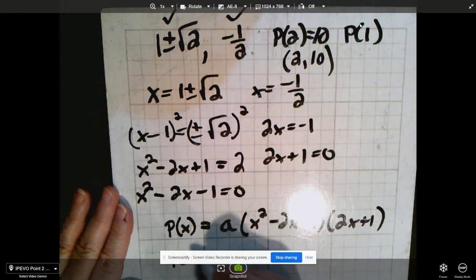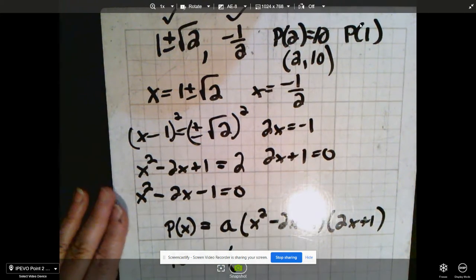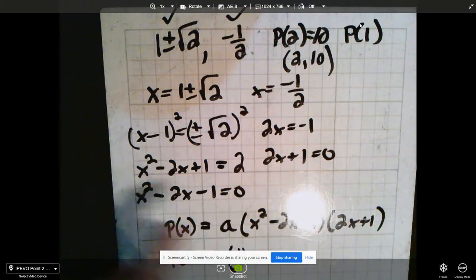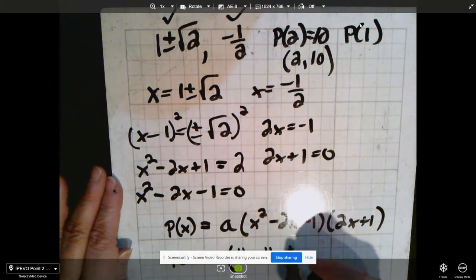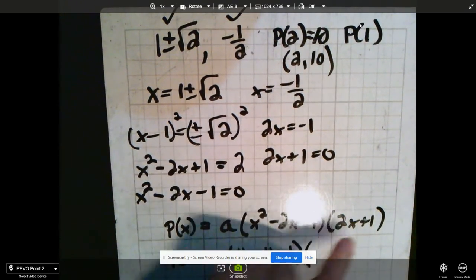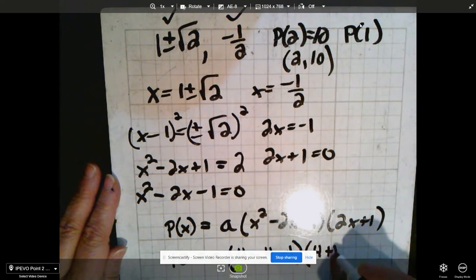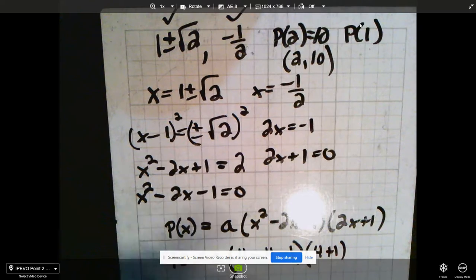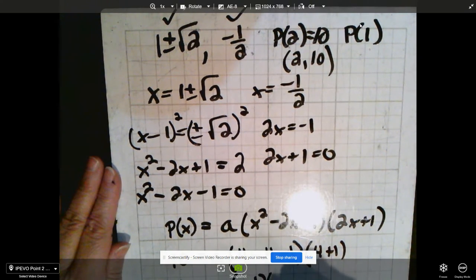So 10 equals a times 2 squared, which is 4, minus 2 times 2, which is 4, minus 1, times 2 times 2, which is 4, plus 1. 10 equals a times minus 1 times 5, so this will be minus 5.